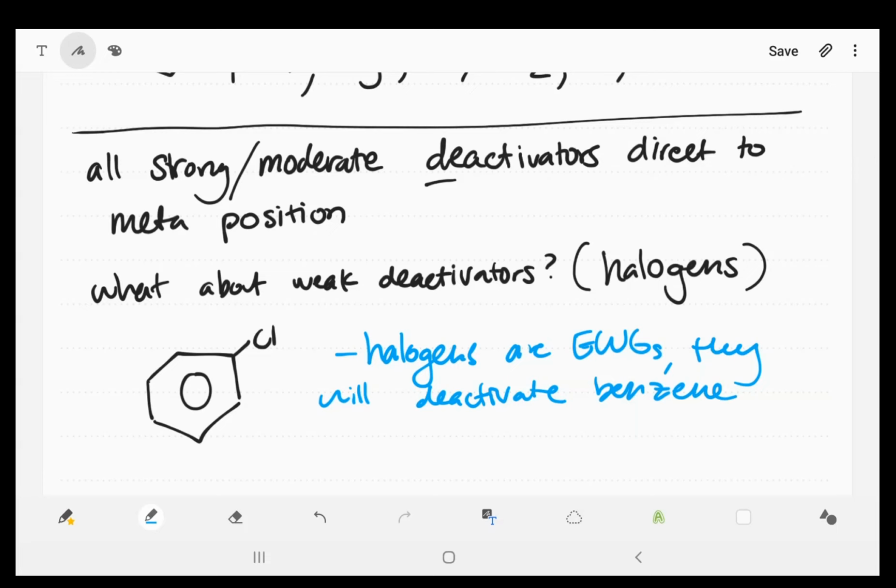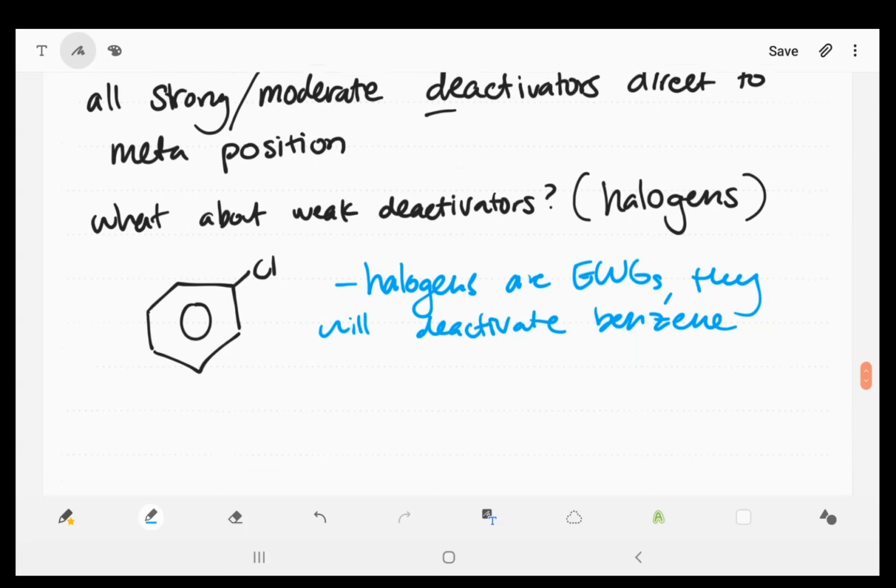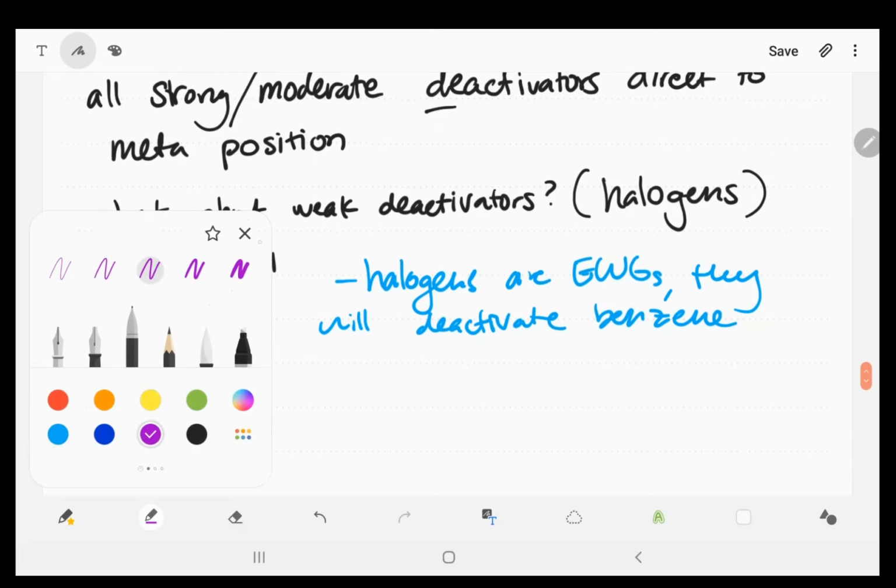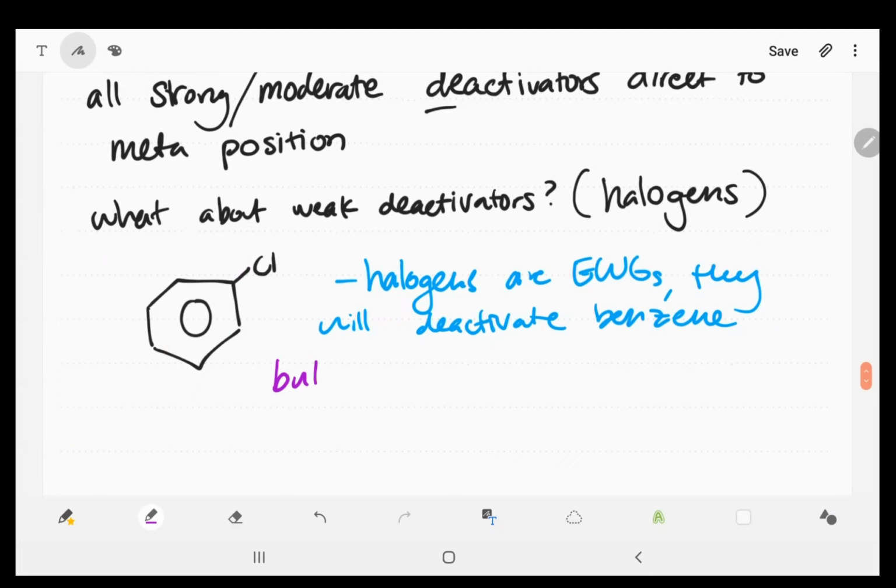But they can also resonate electron density in. They also stabilize positive charges, right?